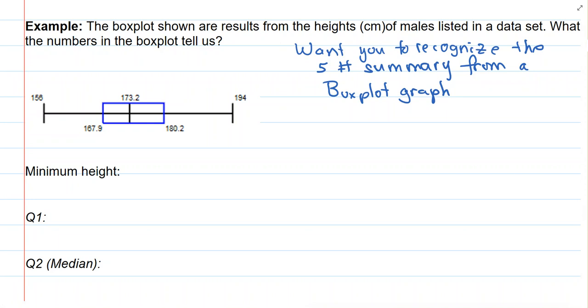The box plot shown is results from the heights in centimeters of males listed in the data set. What do the numbers of the box plot tell us? Well, it tells us the minimum height, which is, in this case, 156 centimeters.